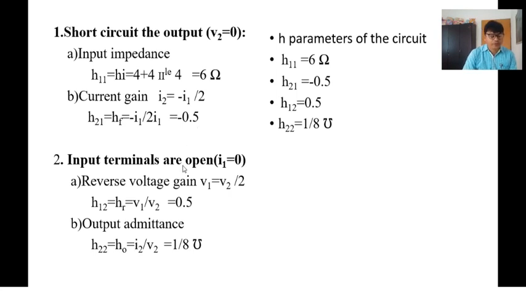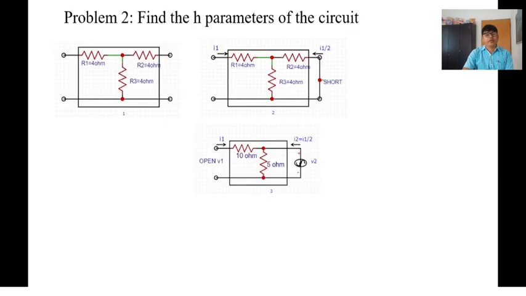In order to find H12 and H22, imagine we are driving the output terminals with voltage V2, keeping the input terminal open. Under this condition, the voltage V2 applied to the output will be divided by 2 factors. So V1 is equal to V2 by 2.